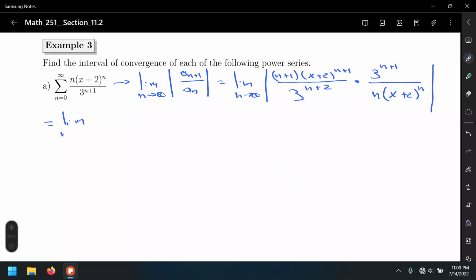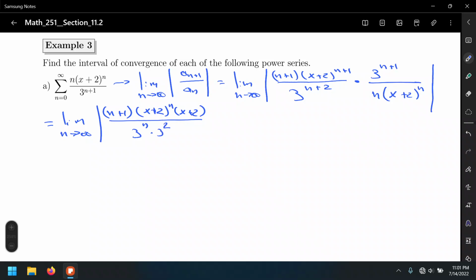Limit as n approaches infinity of the absolute value. Yes, we need the absolute value. I'm not going to erase them yet. So that's n plus 1 times x plus 2 to the n plus 1, which we can write as x plus 2 to the n times x plus 2 to the first power. In the denominator, we can write 3 to the n times 3 squared.